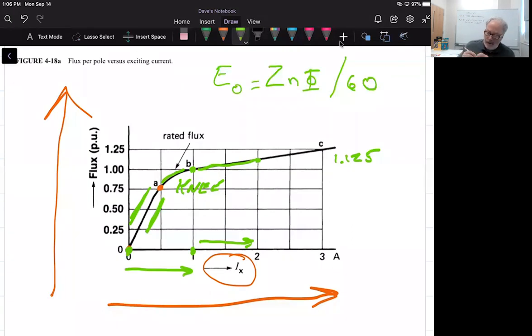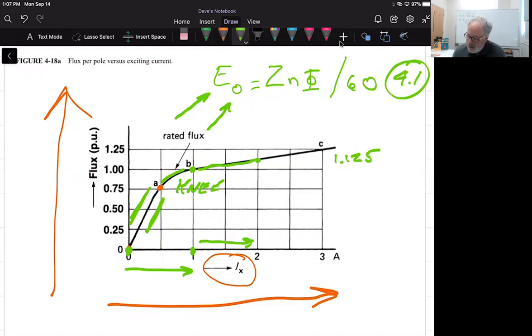Okay, so that's interesting in the fact that we're looking at excitation current and resulting flux, but really for electrical machines, we want to see not the flux, we want to see the effect of that flux. And where that comes into play would be from equation 4.1, where we're getting the armature voltage.